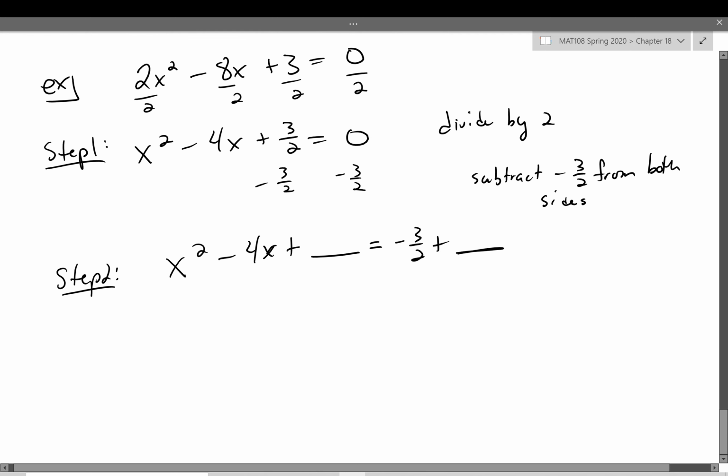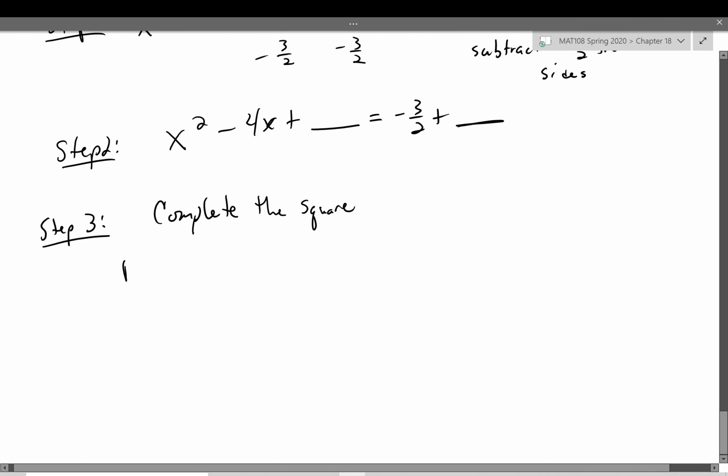Now, step 3, complete the square. And I always write this step out. Complete the square. All right? So part 1, I take the b coefficient divided by 2 and circle it.